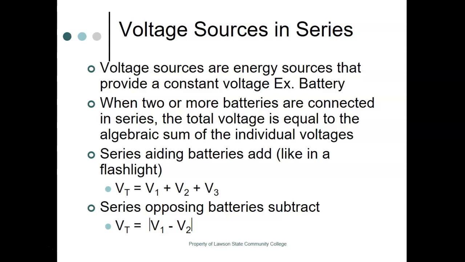You all have flashlights at home. When you put batteries in a flashlight or a remote or even certain other electronics, there's two different ways. Well, there's mostly the way of top to bottom, right? That's where you get series aiding.